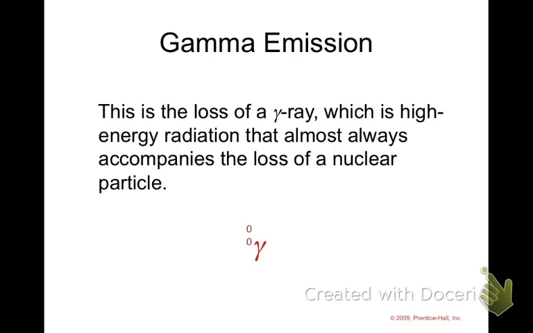In addition to the alpha, beta, and positron, there is a gamma emission. Okay, a gamma ray, that hopefully might sound familiar, is really just a high energy radiation that accompanies the loss of a nuclear particle. So you almost always get some kind of energy emitted in the form of gamma rays whenever there is a nuclear decay.